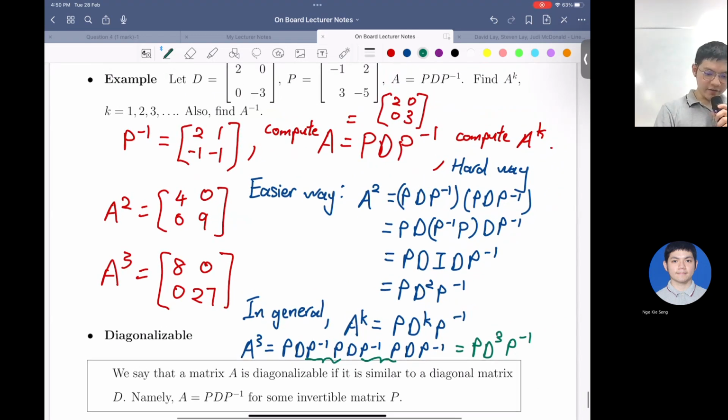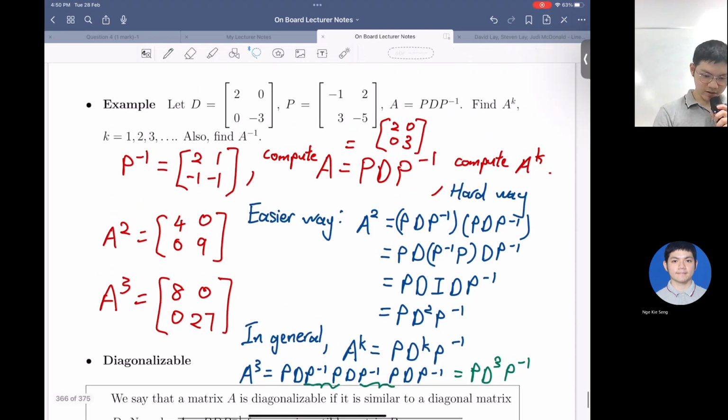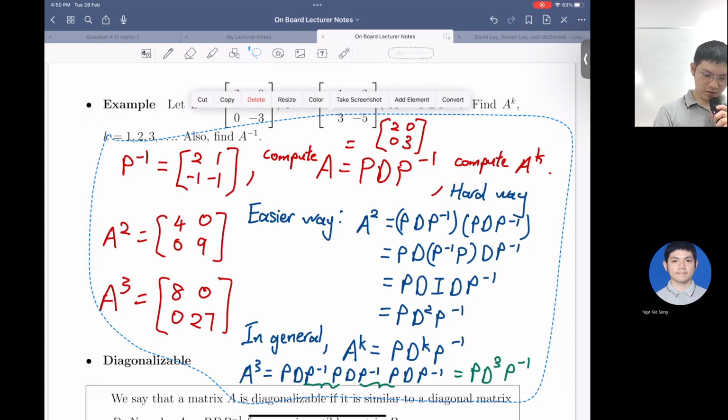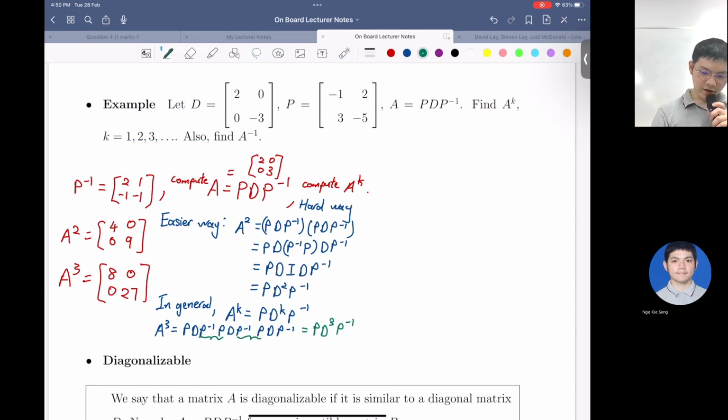Let's say we want to find A inverse. So A inverse is what? If we want to find A inverse, the inverse of A is equal to the inverse of P D P inverse.